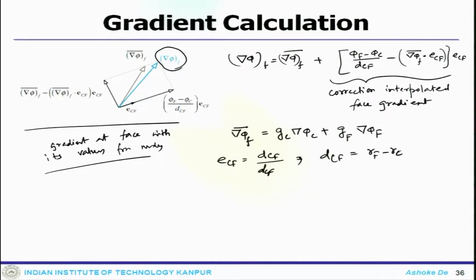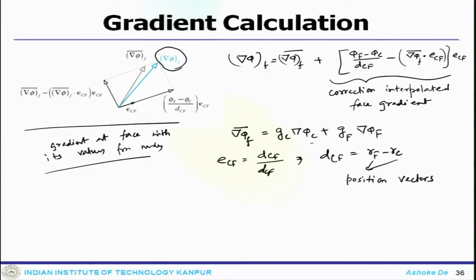So one can find these calculations using this expression, and then using the information of delta phi c and delta phi f, some error calculation, and these two are essentially the position vectors. This is how you can obtain it.